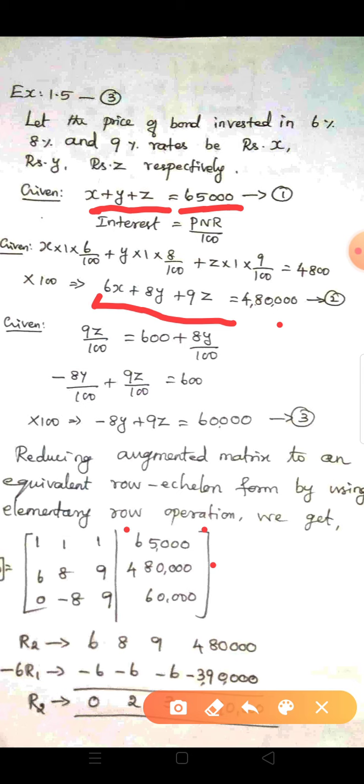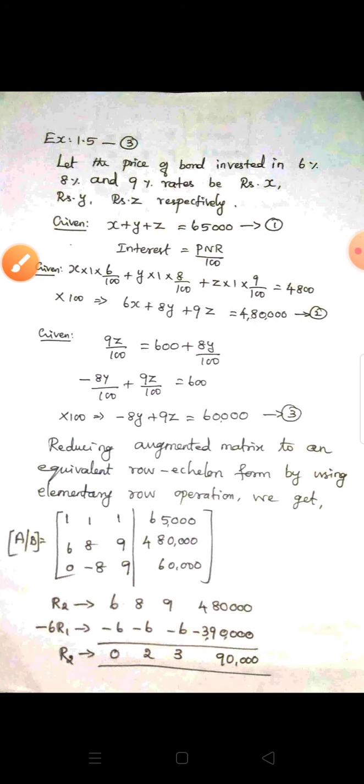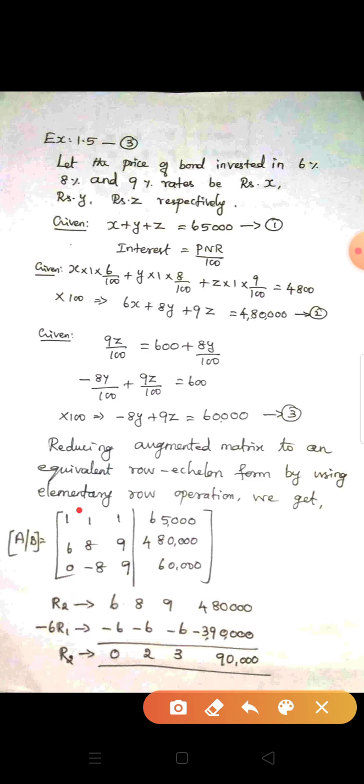From the third equation there is no x term, so we write 0, minus 8, 9, 60,000. Now elementary transformation starts. First row, first element 1 appears, so no problem. We are going to change the second row and third row elements.